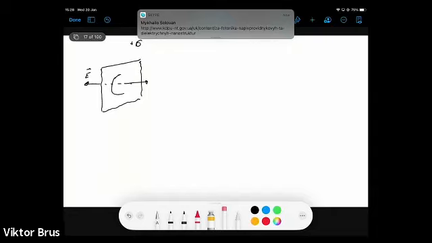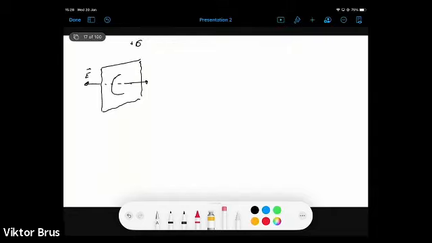We pick up some cylindric Gaussian surface, and the same half will go in the other direction. I can delete this.